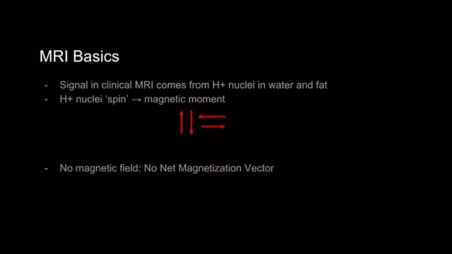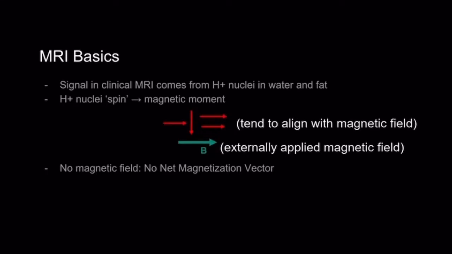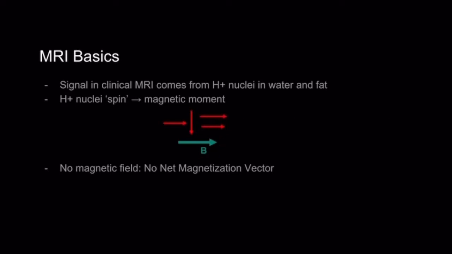In an externally applied magnetic field, however, like an MRI machine, the tiny bar magnets tend to want to align with the magnetic field. So in a tissue, you end up with more magnetization in the direction of the magnet. The tissue has a net magnetization vector in the direction of the main magnetic field, as shown here.